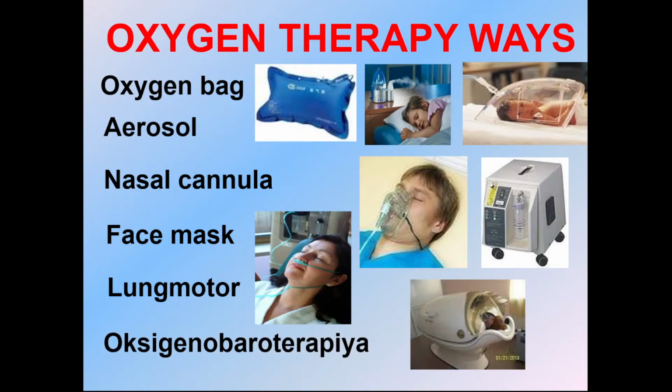And we can use a special chamber which is called oxygen barometry, which is actively used for newborns born with different pathology, first of all pathology of the respiratory and cardiovascular system, and for adults in any pathology of inner organs which needs an active metabolic process and actively increased oxygenation of organs and tissue.